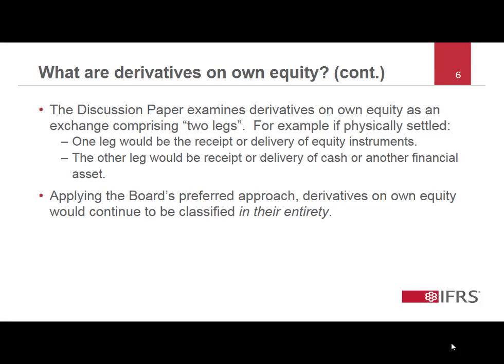The board considered but rejected classifying individual legs of an own equity derivative separately, not least because of the complexity that it would introduce. Applying the board's preferred approach, derivatives on own equity would continue to be classified in their entirety as in other IFRS standards and as is the case for IAS 32 today.